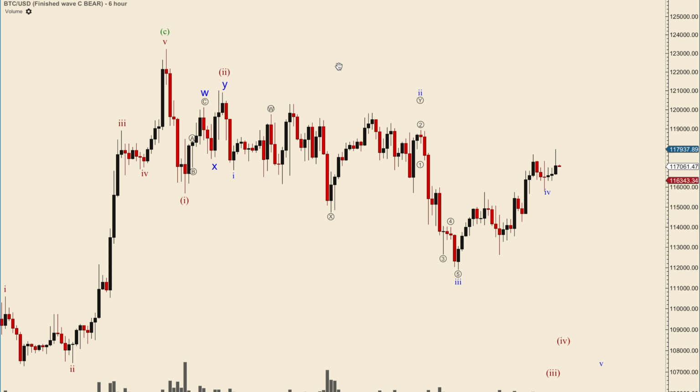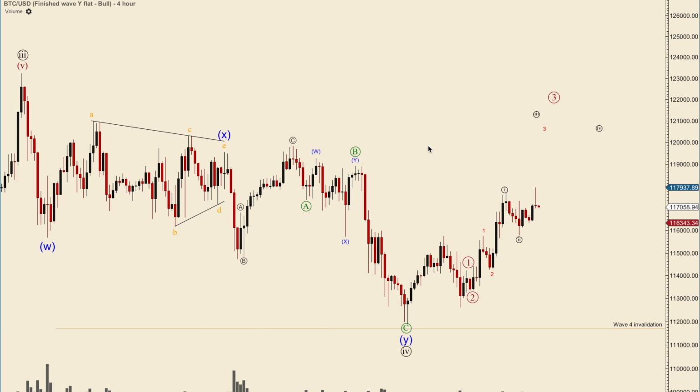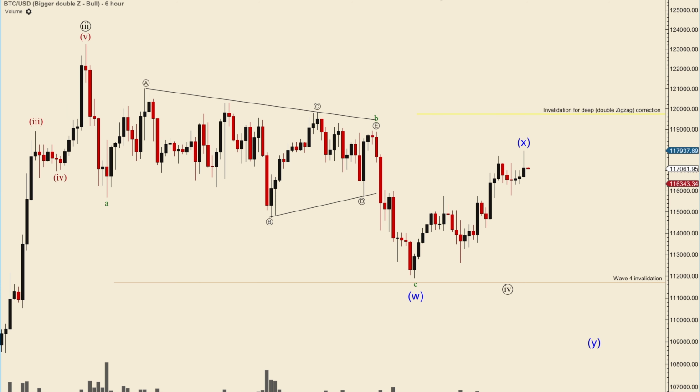But yeah, there is more nitty-gritty here where we are basically in this count. So if this keeps going as an impulse, it basically invalidates the other scenarios, and especially if we hit this at 11,970-ish price, then we know we're not really looking for a double zigzag and deep correction, at least.